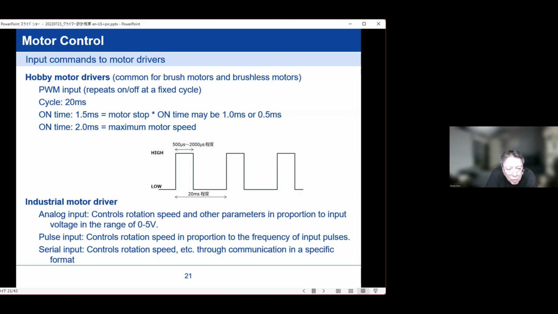On the other hand, industrial motor drivers have their own input specifications. For example, with various inputs, some control the rotation speed in proportion to the input voltage, in the range of 0 to 5 volt.